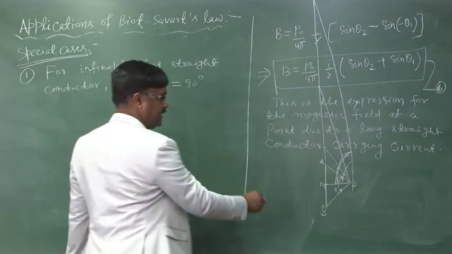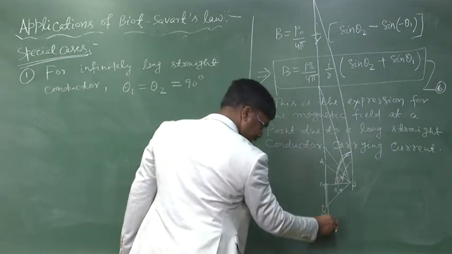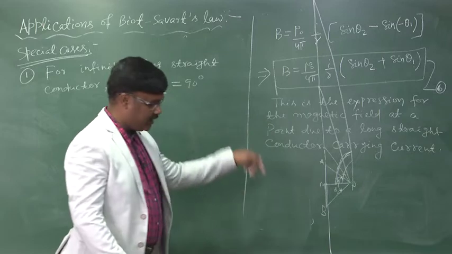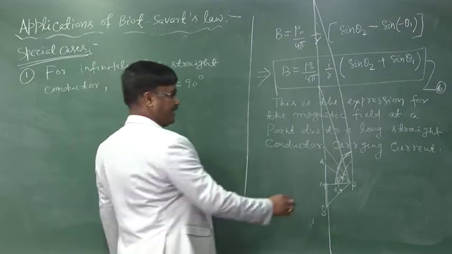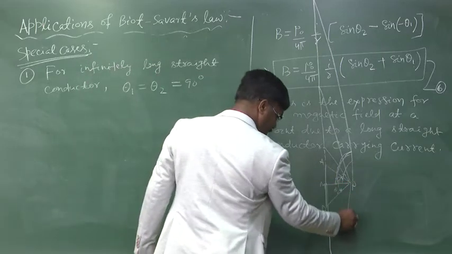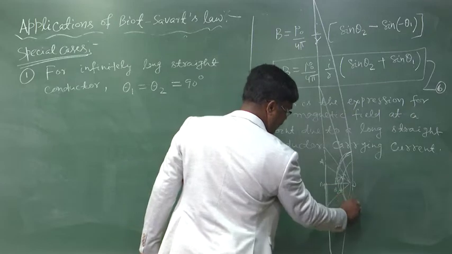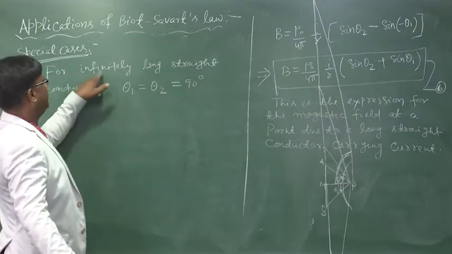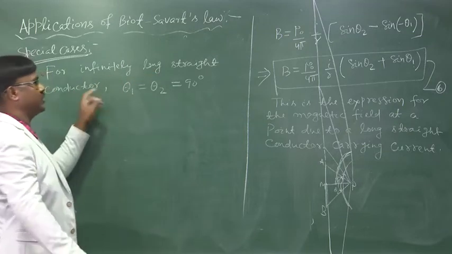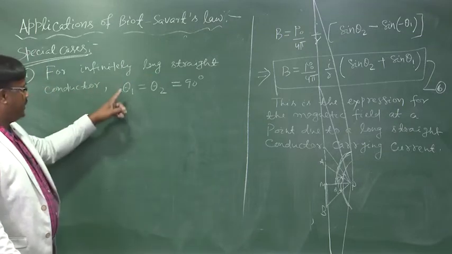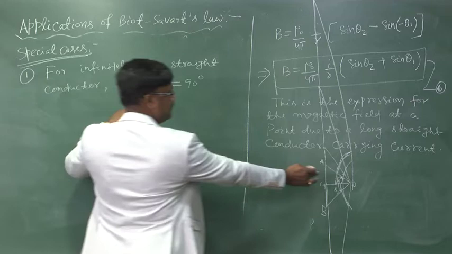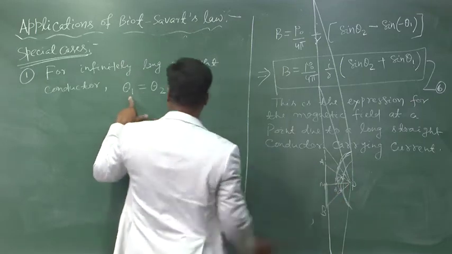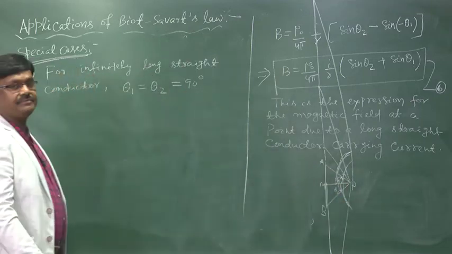And similarly, if we extend the length of the conductor up to infinity along B, then it will also be 90 degrees. Hence, for an infinitely long straight conductor, θ1 equal to θ2 equal to 90 degrees.